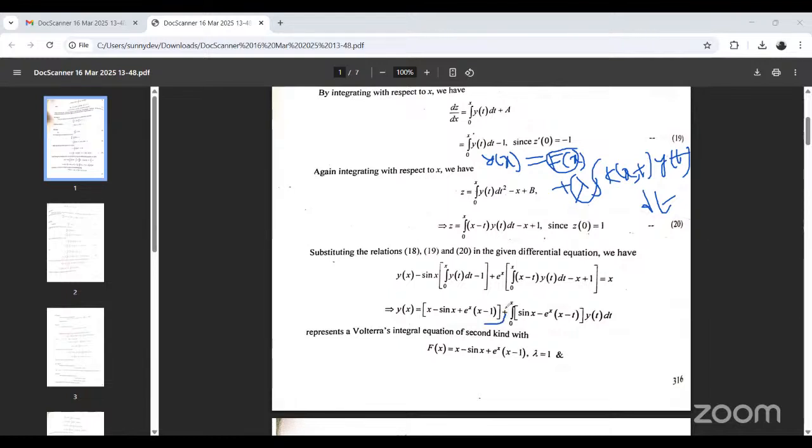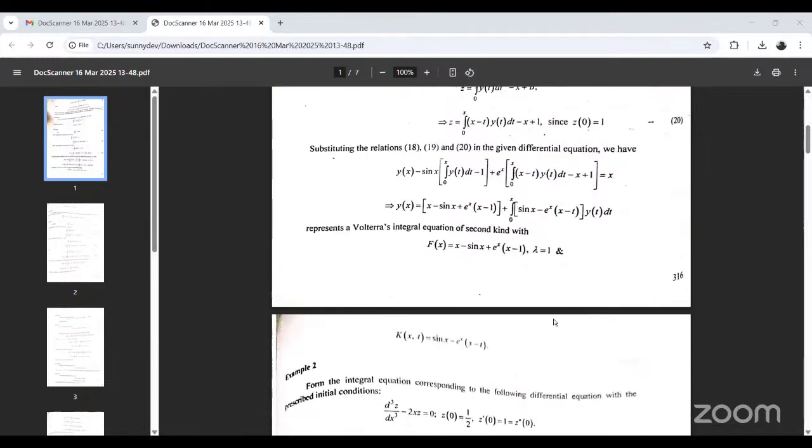So this is f of x, and lambda becomes 1. Then k of x comma t becomes sin x minus e power of x into x minus t, into y of t dt. Nothing here we did.